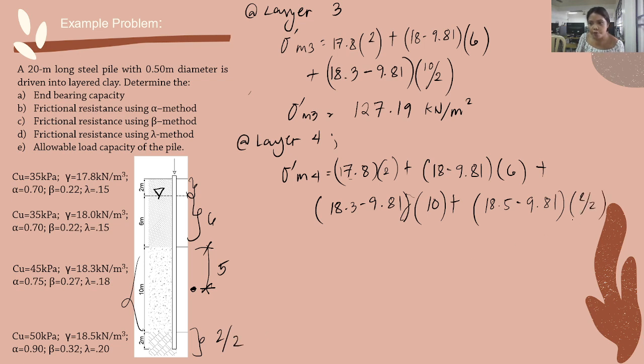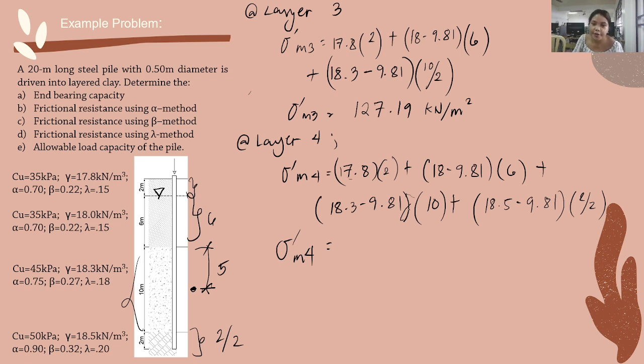2 over 2. Pareho. And now, your effective pressure at that layer is equal to 17.8 by 2 plus 18 minus 9.81 times 6 plus 18.3 minus 9.81 by 10 plus 18.5 minus 9.81 times 1.